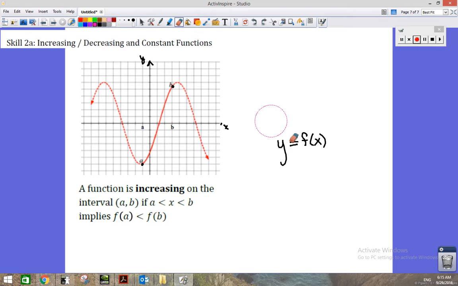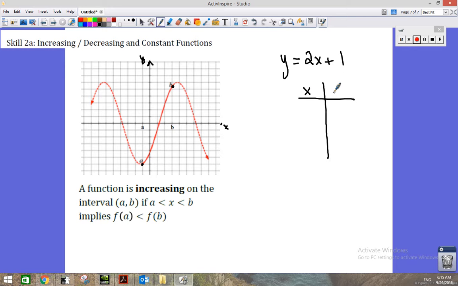So let's say that you had y equals 2x plus 1, and you were making a table to plot points to graph this, and maybe you put in just a few points. If we let x be -1, -2 plus 1 is -1. If x is 0, we have 0 plus 1. If x is 1, we have 2 plus 1. And we can plot those 3 points, connect the dots, and we would see that we have a line. That was the Algebra 1 days.